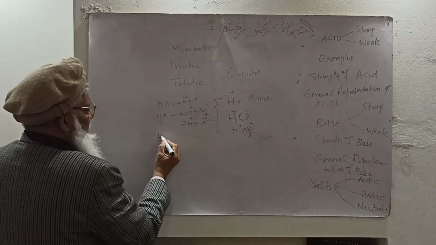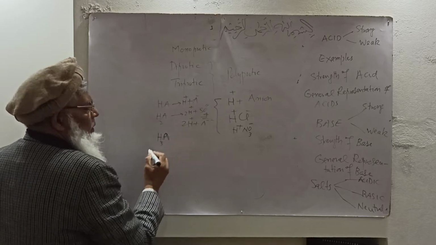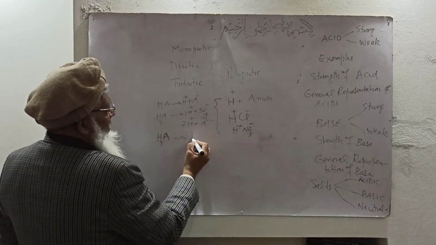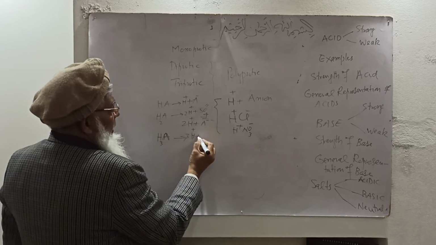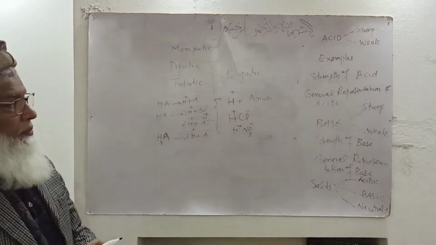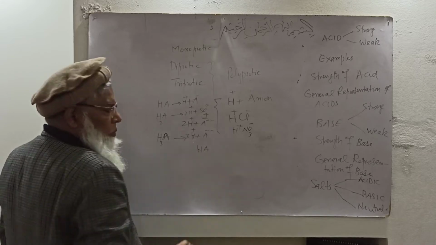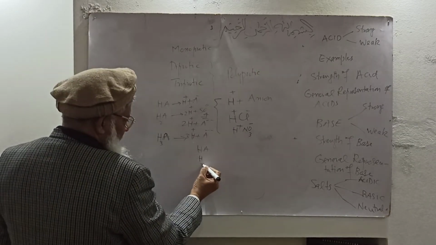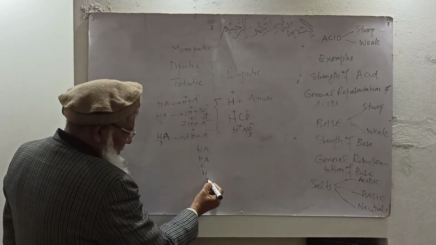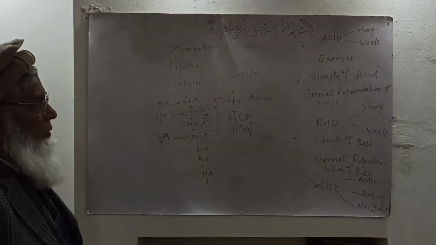Similarly, in case of a triprotic acid such as phosphoric acid, 3 protons, and its anion may carry 3 negative charges. So in this way, if it is HA, it is monoprotic. If it is written as H2A, it is diprotic. If it is written as H3A, it is a triprotic acid.